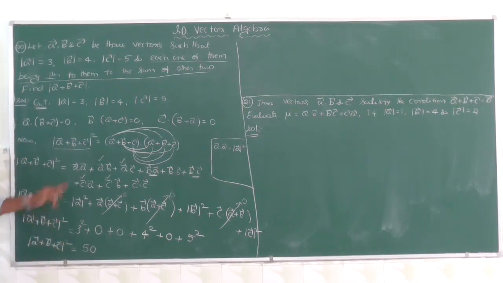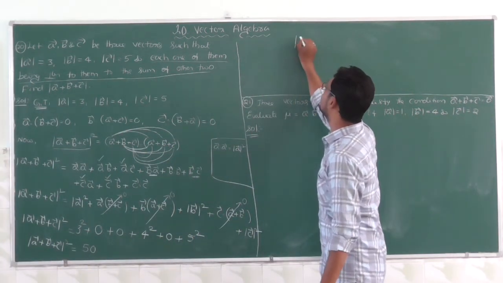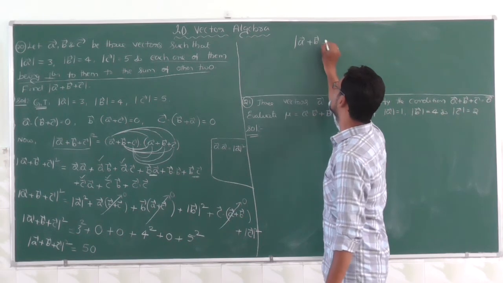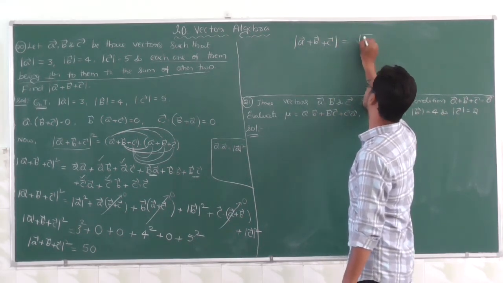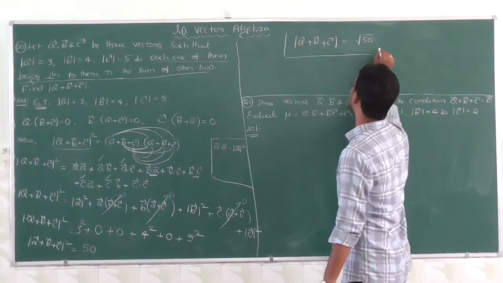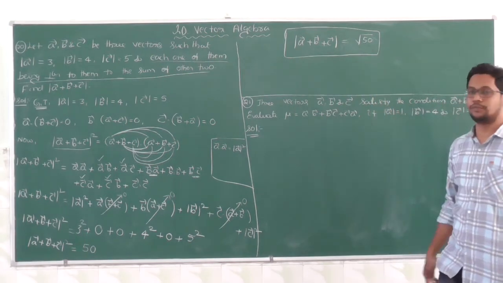I want the quantity of only the magnitude of A plus B plus C. Here we have the square. How to get the magnitude of A plus B plus C? Apply the square root on both sides. Then we will get magnitude of A plus B plus C equals square root of 50. Hence, the value of the magnitude of A plus B plus C is square root of 50.